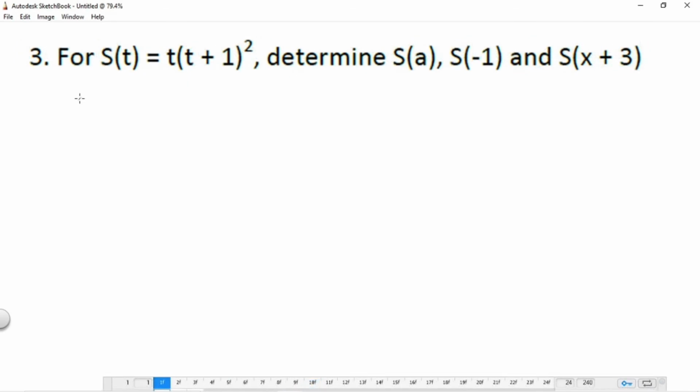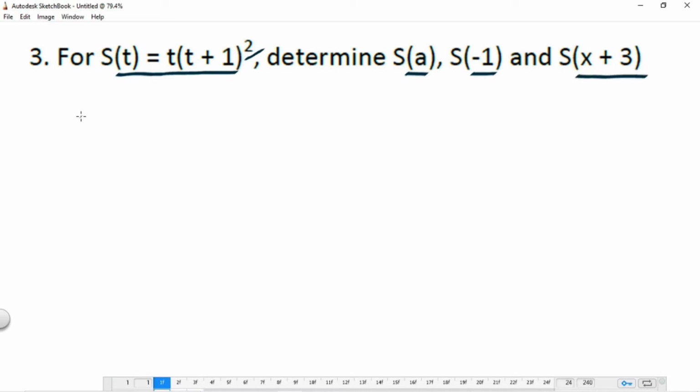Let us read problem number 3. For s of t is equal to t multiplied by t plus 1 raised to 2, determine s of a, negative 1, and x plus 3.